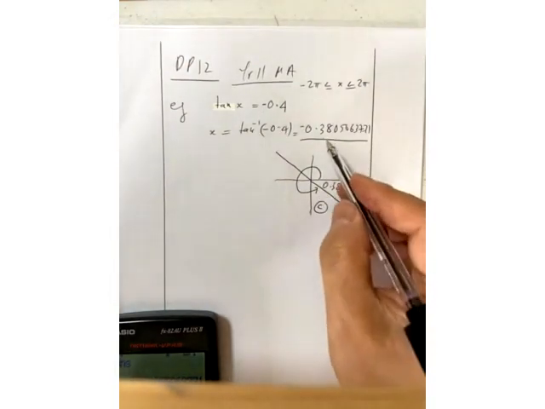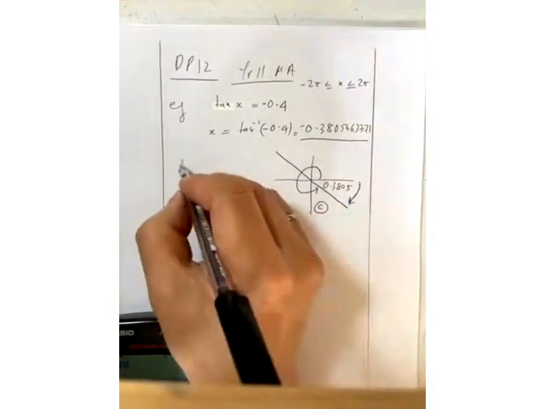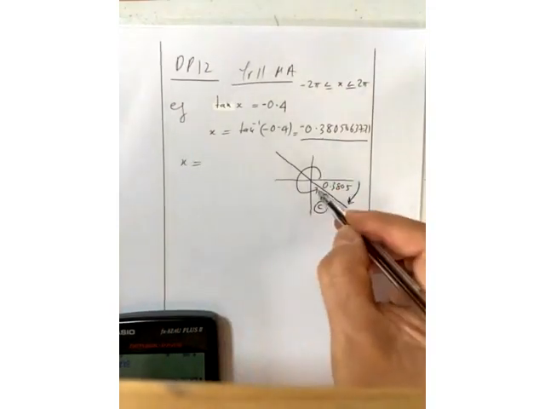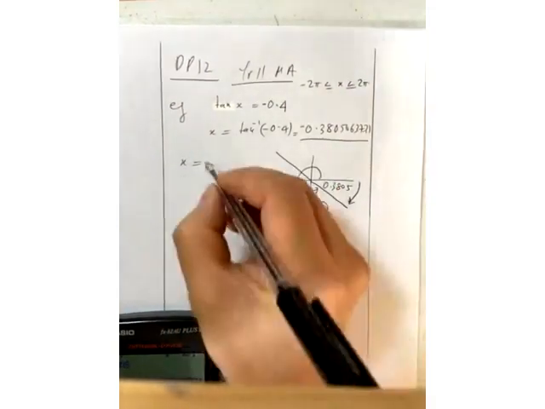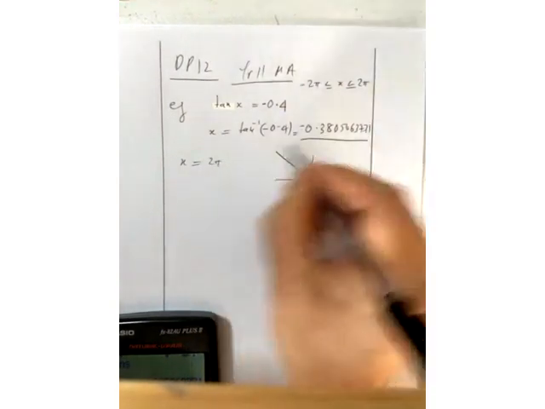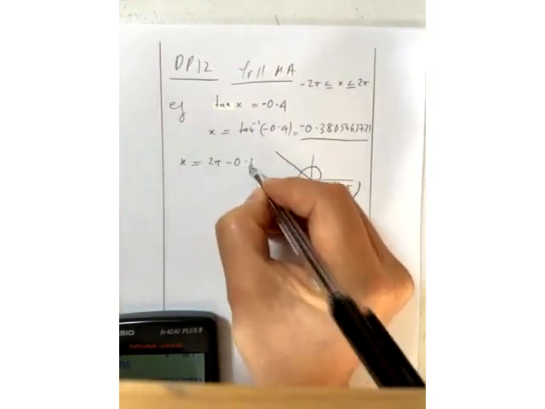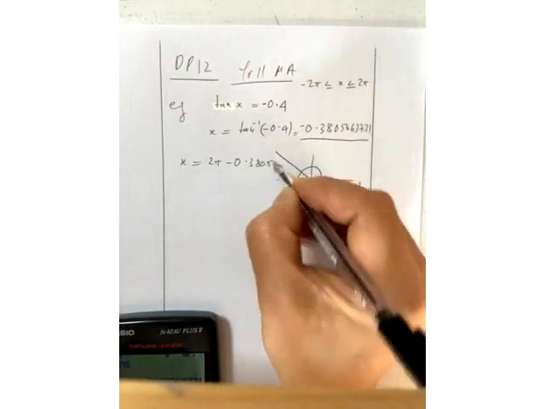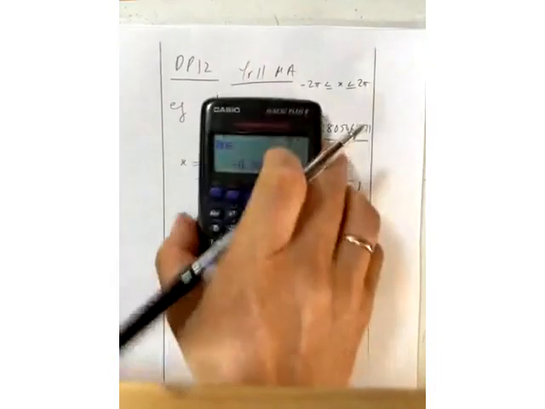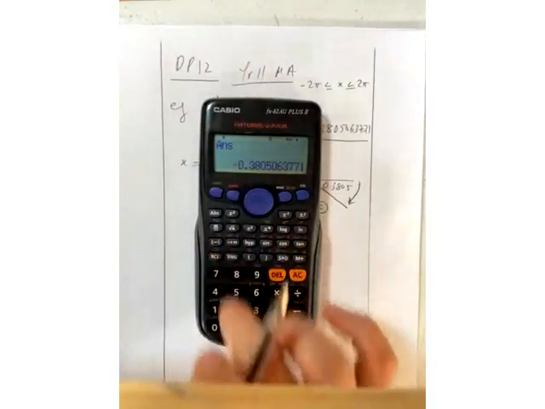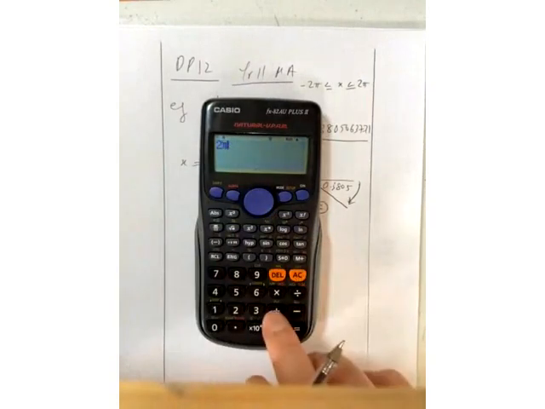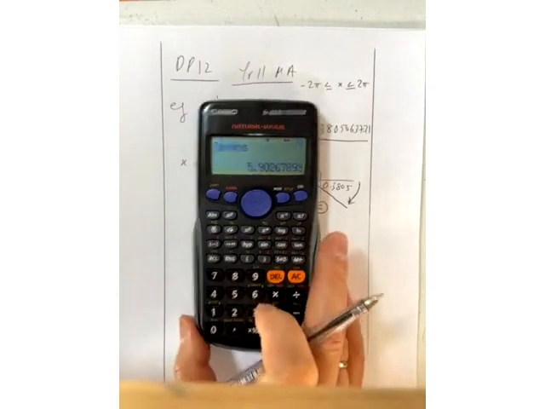And the positive version of this is going to be 2 pi, take away that size. So that means it's 2 pi minus 0.3805. And just go using the calculator. So I'm going to go 2 pi, actually plus the answer because it's already negative.